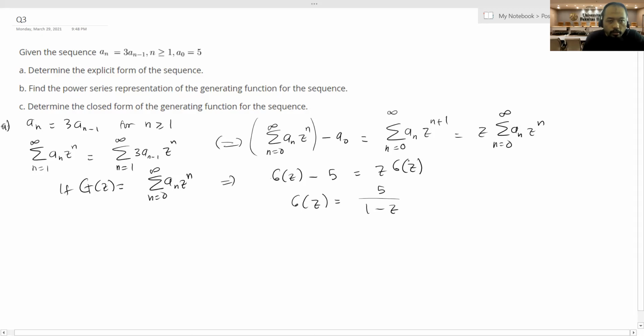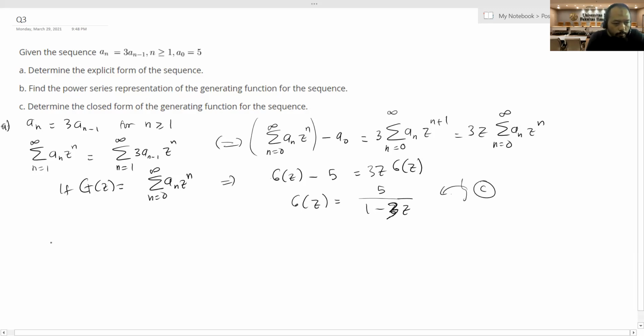Oh, I forgot the factor 3 here. So 3z, so it is 1 minus 3z. All right. So now with that, this is actually the answer for part C. Answer for part C.